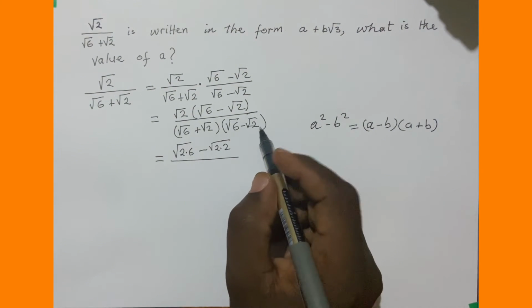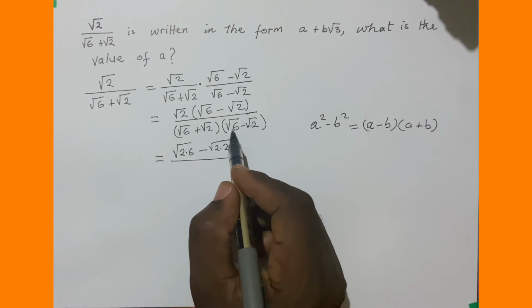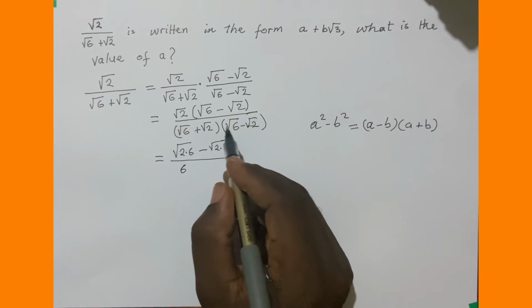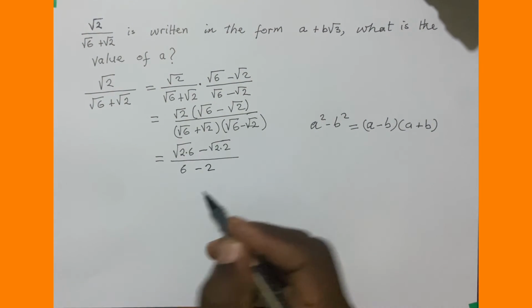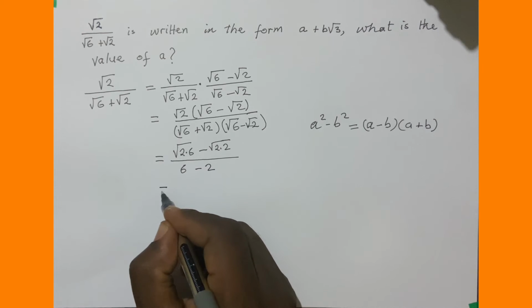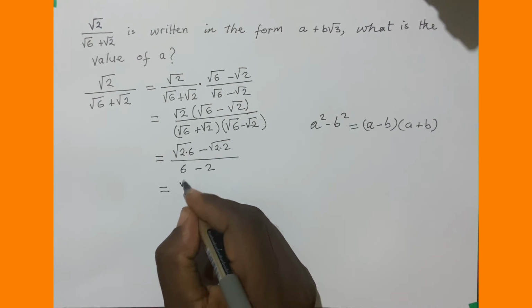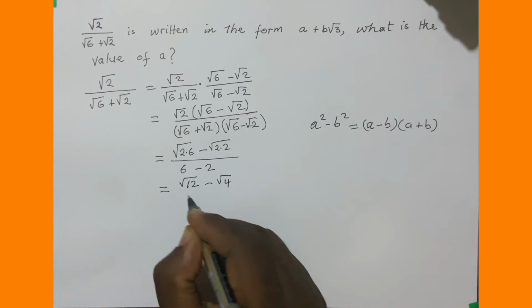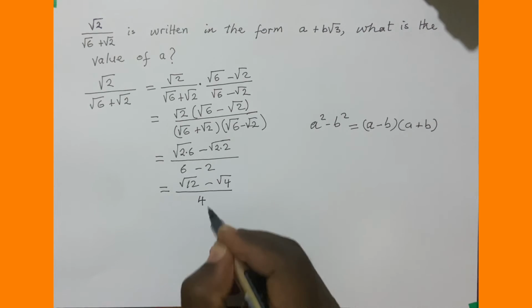So this denominator will simply be equal to root 6 times root 6, which is 6, minus root 2 times root 2, which is 2. And so this is equal to the square root of 12 minus the square root of 4, divided by 6 minus 2, which is 4.